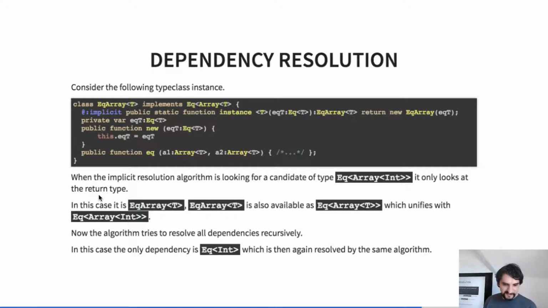So that's the point that I made in the second sentence here. It's available as this type, and it's also available as this type. Does it make sense? Okay.